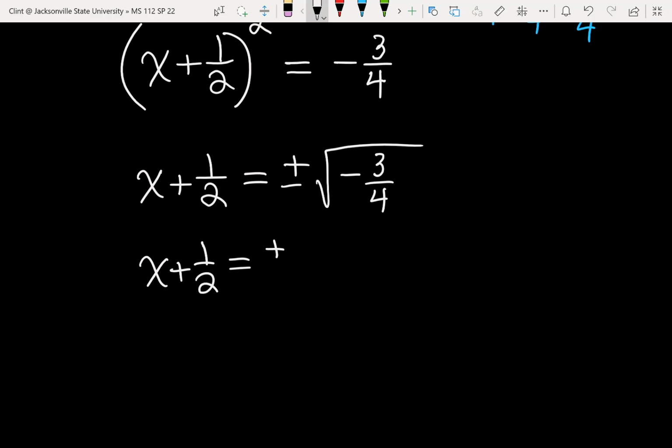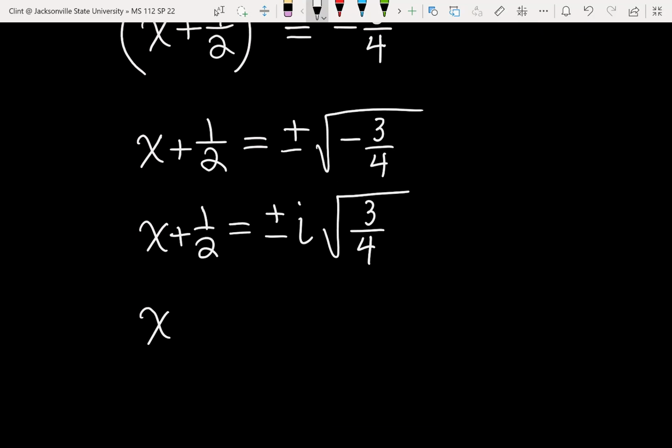It's negative, so we can solve that by bringing an i out. And if you want to take the square root of a fraction, take the square root of the top over the square root of the bottom. So square root of 3 over square root of 4 is 2. And we're pretty much done now.